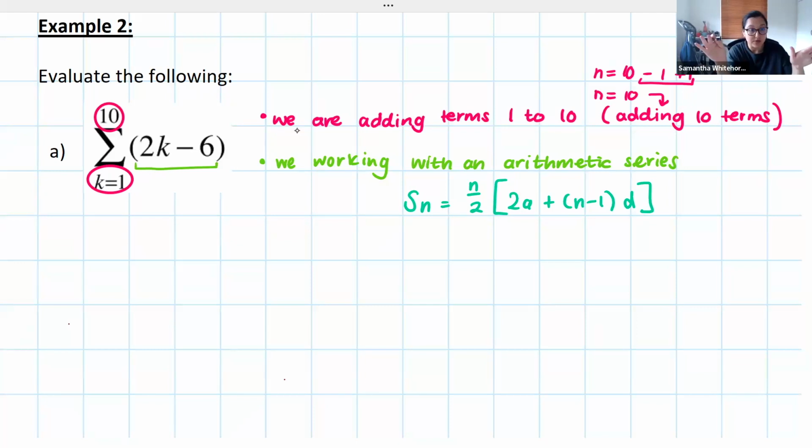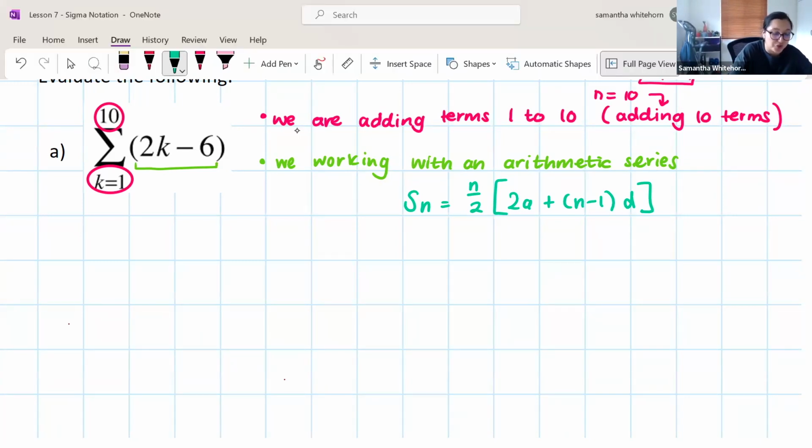So now we have all of this information, we need to actually go and add. In order for us to add, we need terms. So the first step of any sum or sigma question is to find the first 3 terms. I always say first 3, you can actually just find the first 2 if you want.